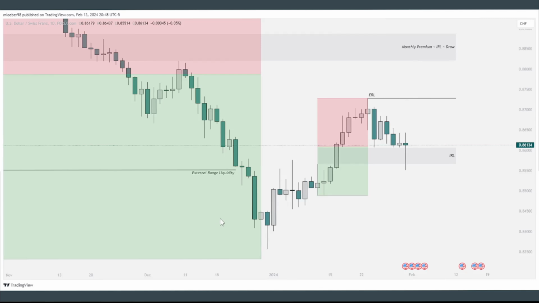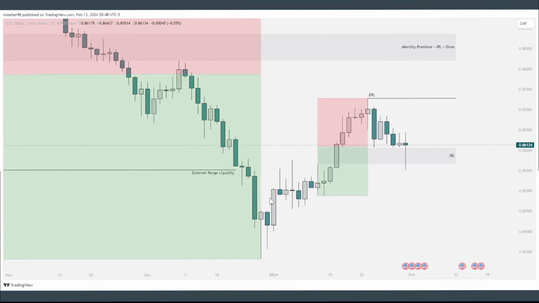Now, from this standpoint, you may ask, why didn't I look to execute or enter down here? Well, there's two things. We didn't have price close above any swing high on the sell side of the curve, and on top of that, we didn't even have price close above this bearish fair value gap until it was already too late and price created a directional swing, which is the dealing range that I have marked off here.